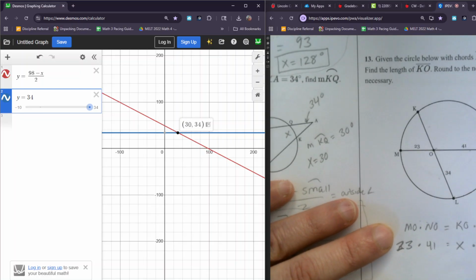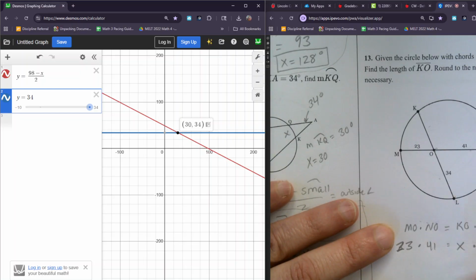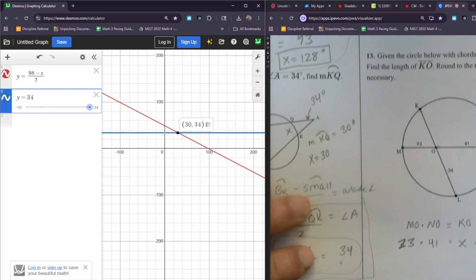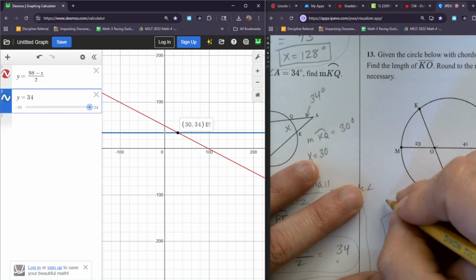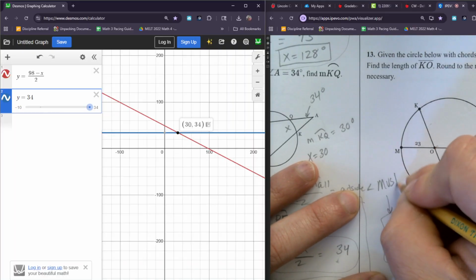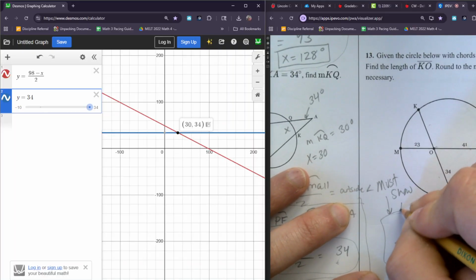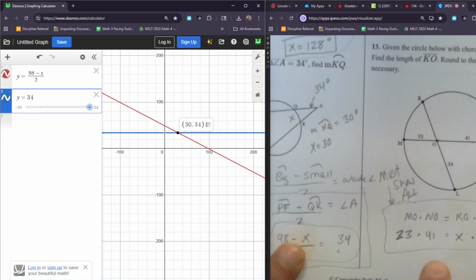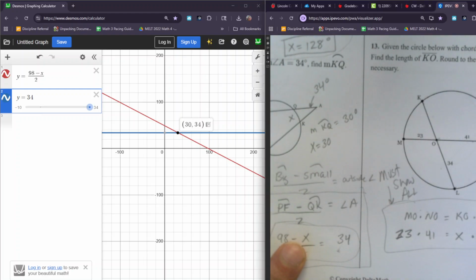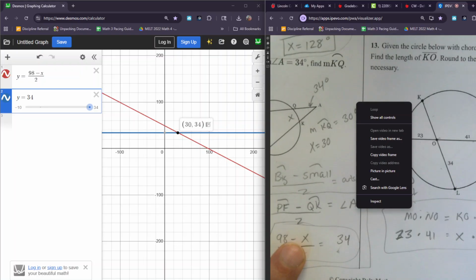Well, I would just put that in Desmos. I mean, as long as you can. You have to show all this for the segments, remember, so don't forget that. So now let's see what this will look like.